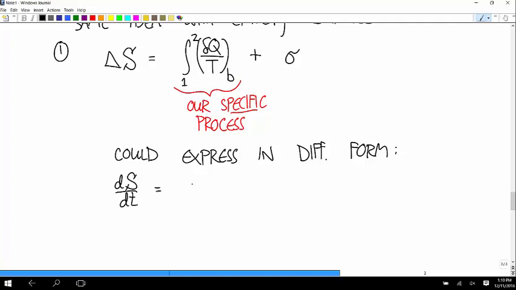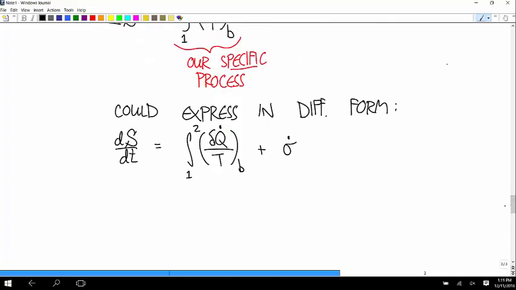is equal to the integral from 1 to 2 of dq dot over temperature plus sigma dot. And so from that differential form, we're going to get the control volume form.